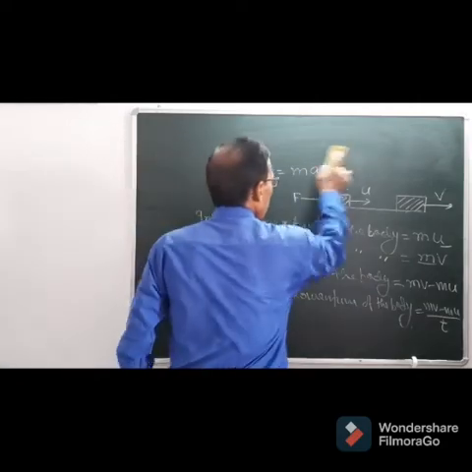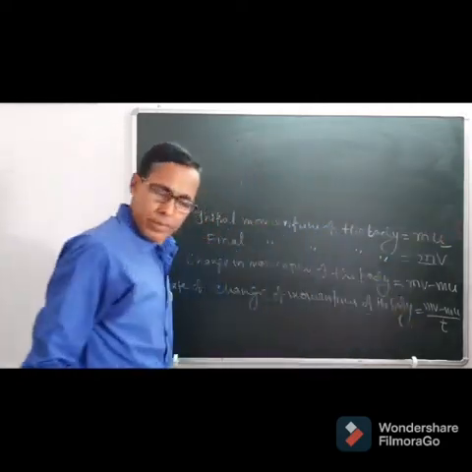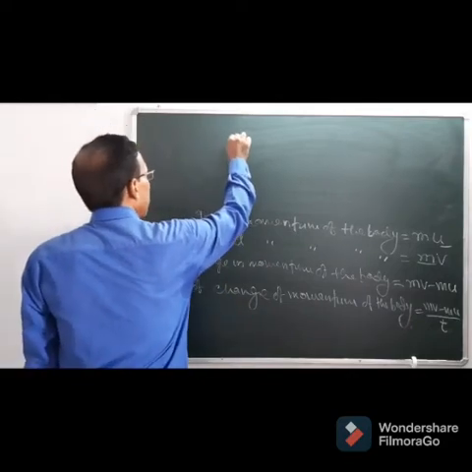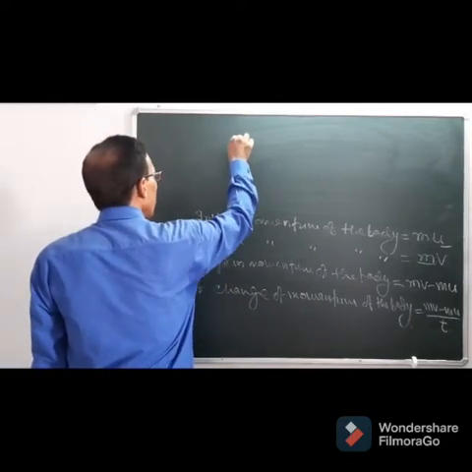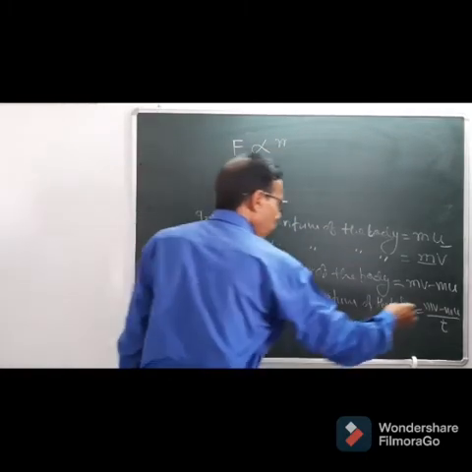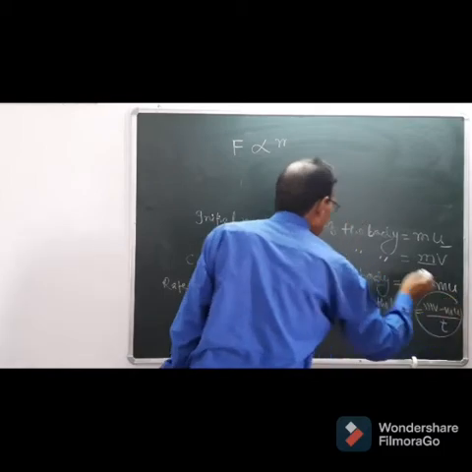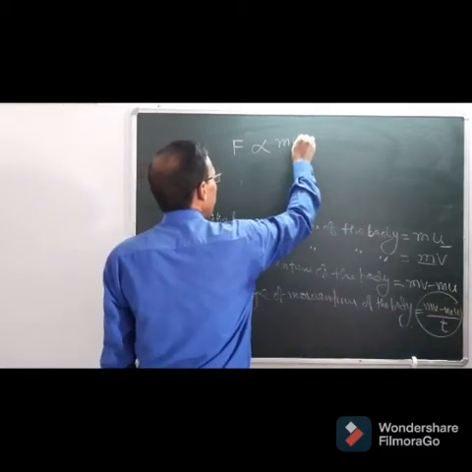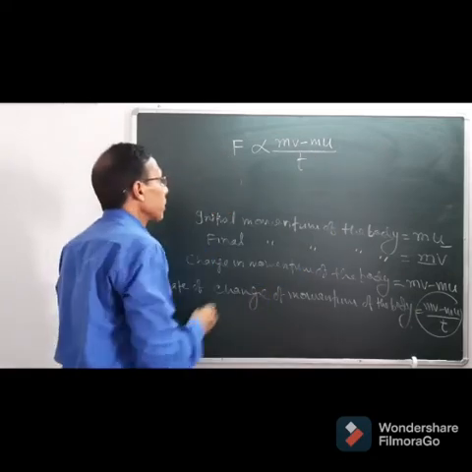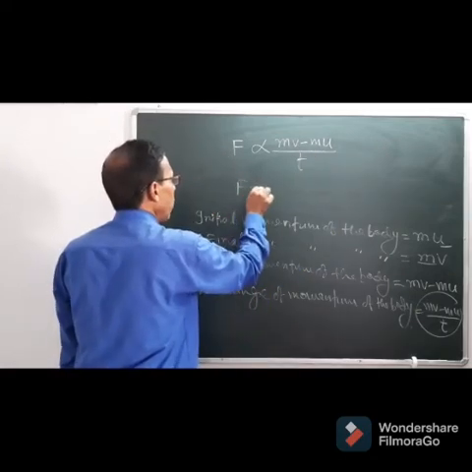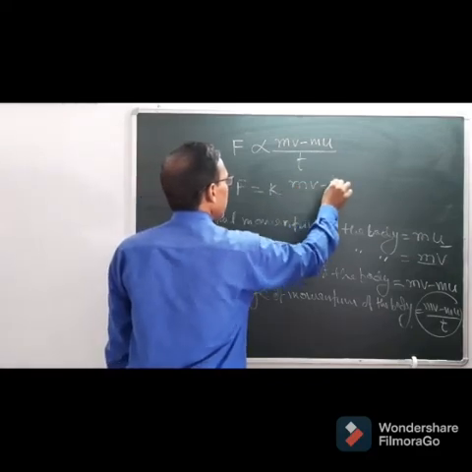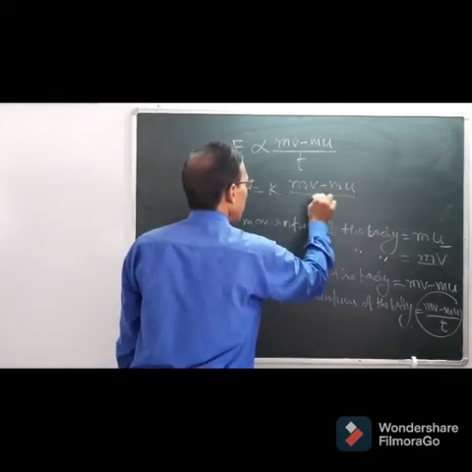Now according to Newton's second law of motion, force is directly proportional to the rate of change of momentum. So the rate of change of momentum is (mv minus mu) by t, which gives F is equal to k (mv minus mu) by t.